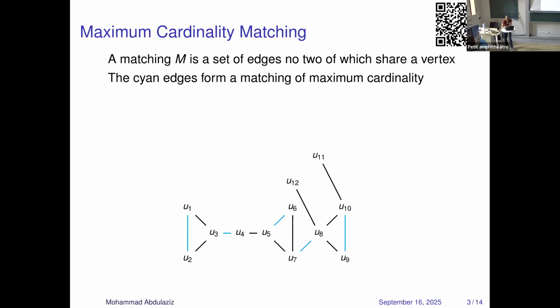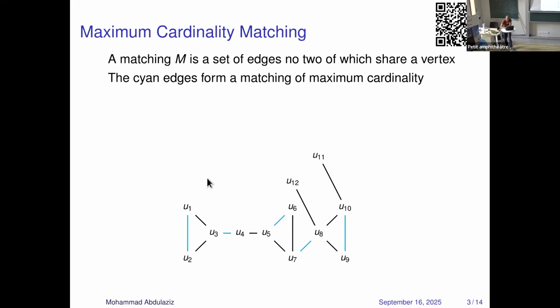Firstly, I want to define what a matching is. If you're given an undirected graph like the one that we have here, a matching in that graph is a subset of the edges such that this subset of edges is vertex disjoint, meaning no two edges share a vertex.